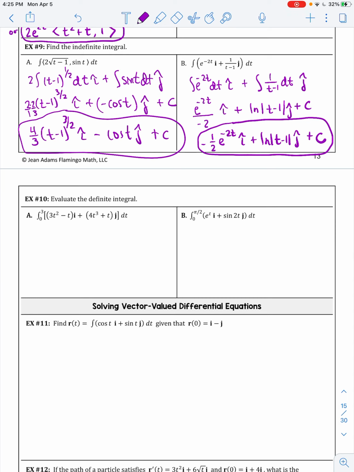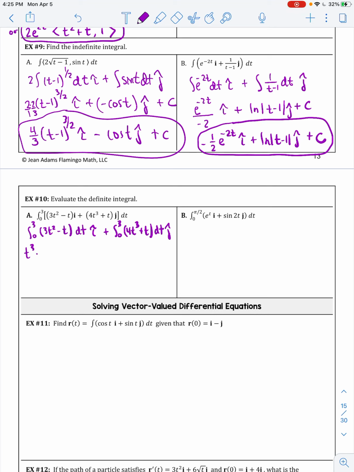And then example number 10, these are definite integrals. So integral from 0 to 3, 3t squared minus t dt times i plus integral from 0 to 3, 4t cubed plus t dt times j.